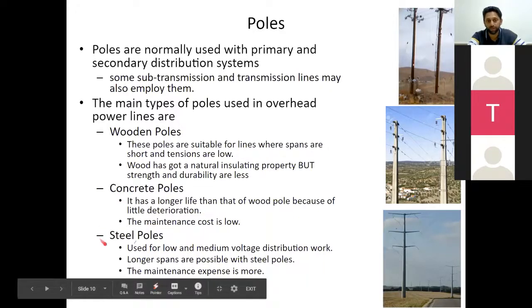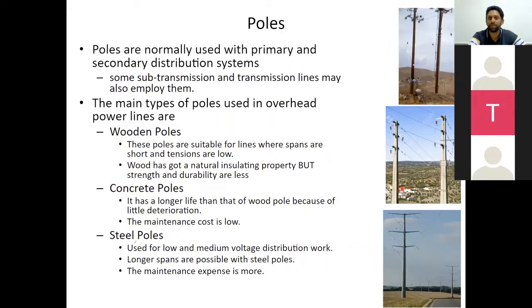Here mostly what you see will be steel poles like this, similar to street lights, made of steel, through which transmission lines will be going. If you go outside you can see this type of poles, and in some places this will be made of concrete. This shape is made of concrete, cheaper than steel pole.